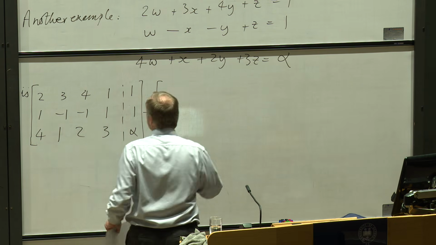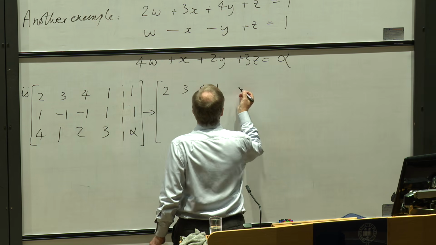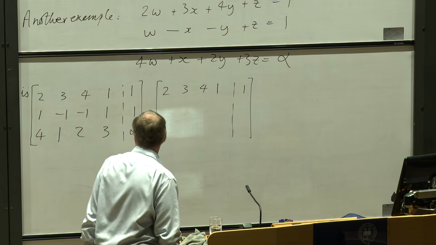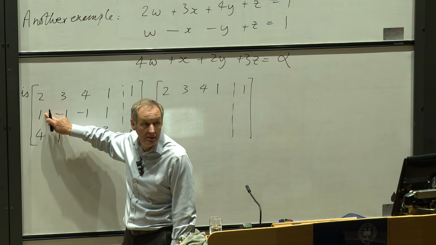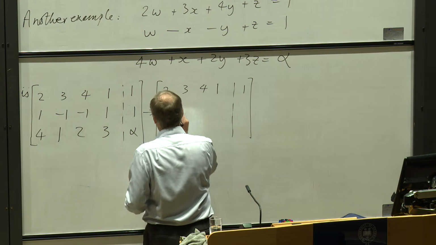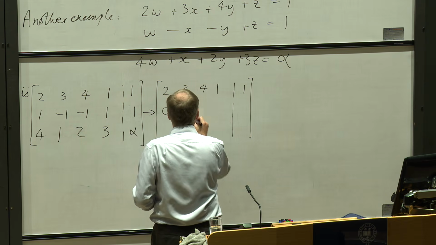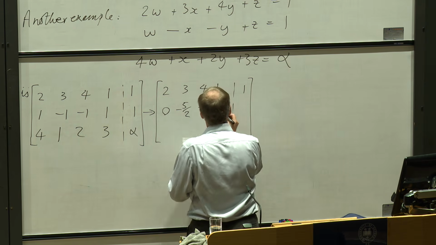And Gauss elimination is going to not change the first one as before. And then the second one, I'm going to take a half of the first equation from this equation to make 0 here, right? And so on, and that will give me 0, and I'm just going to write down the numbers. And you can do the arithmetic, and you can tell me if these numbers are correct. I believe they are.